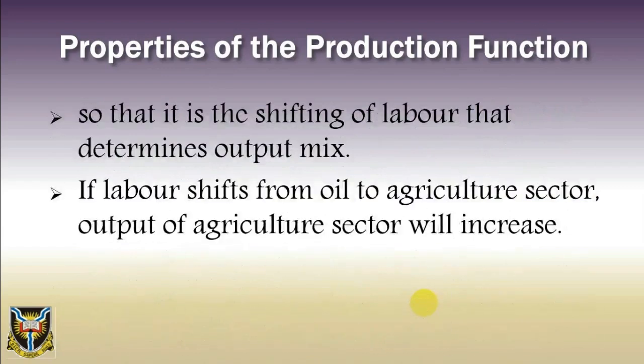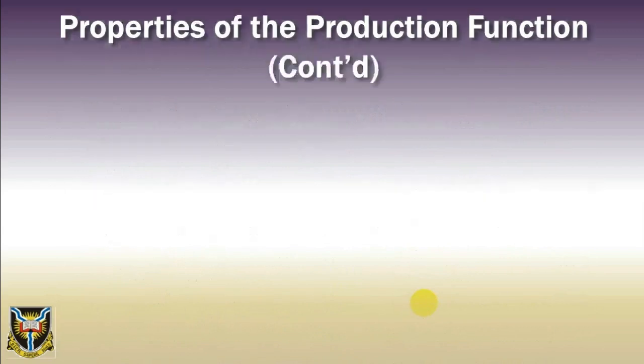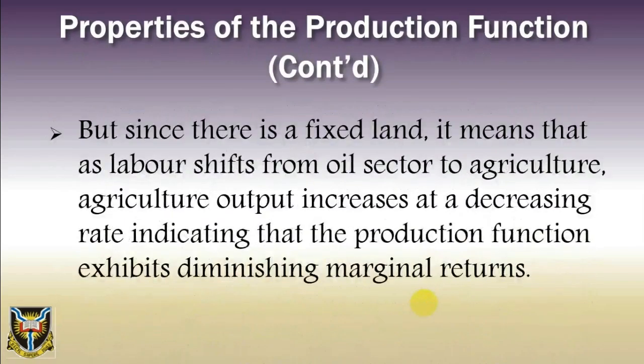If labor shifts from oil to the agricultural sector, output of the agricultural sector will increase. But since there is a fixed amount of land, as labor shifts from the oil sector to agriculture, agriculture output increases at a decreasing rate, indicating that the production function exhibits diminishing marginal returns.